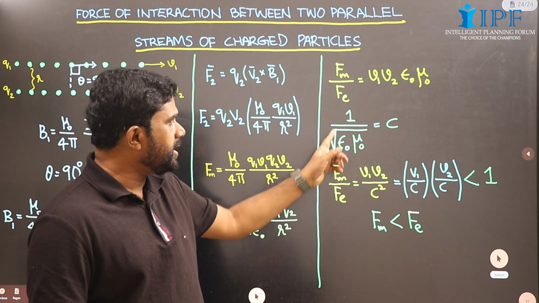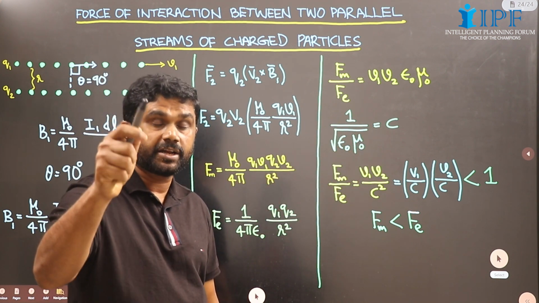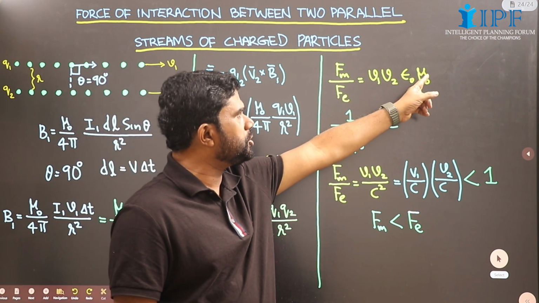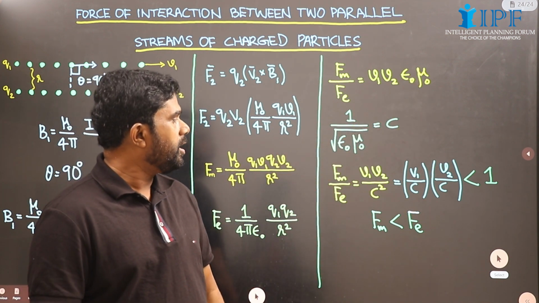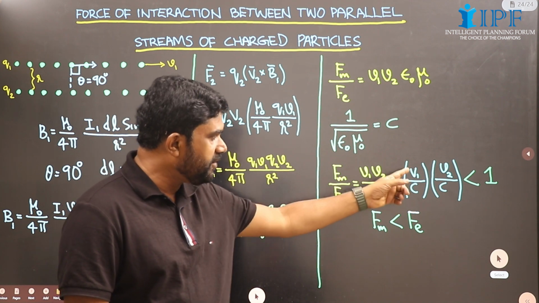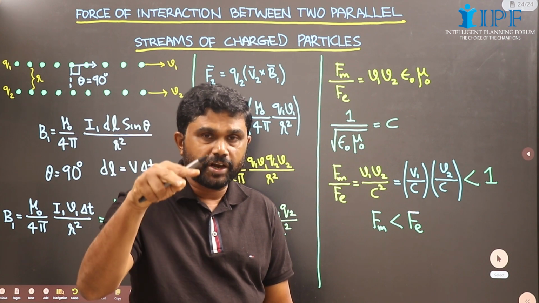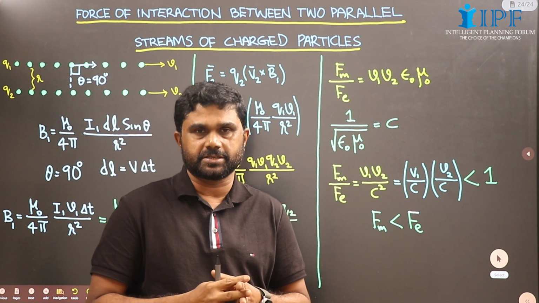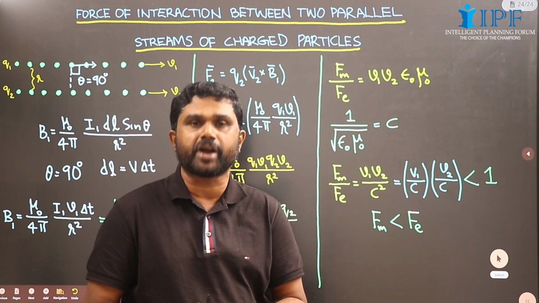We get v1 v2 into epsilon 0 mu 0. Children, 1 by root of epsilon 0 mu 0 is c, the speed of electromagnetic waves or light in vacuum. So epsilon 0 mu 0 can be replaced by 1 by c square, and we get v1 v2 by c square, which we can write as v1 by c into v2 by c. v1 and v2 are the velocities of material charged particles, and those velocities will definitely be less than the velocity of light in vacuum.